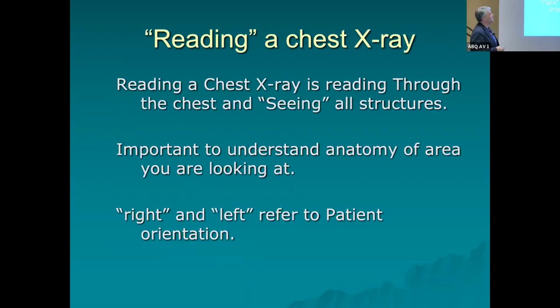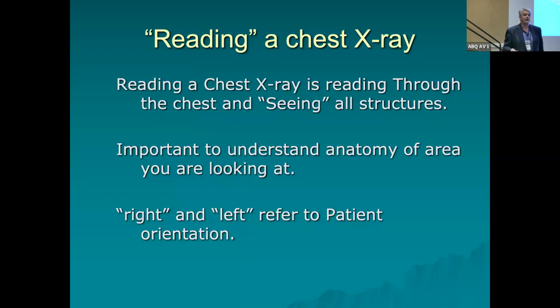So when I say reading a chest x-ray, it's kind of like looking through and seeing all the structures. When you look at all the structures of a chest x-ray, you've got to have an organized approach, and you've got to be able to look at it in a way that you understand the anatomy, what's normal, what's abnormal in those particular areas. So you've got to have a good working understanding of anatomy.